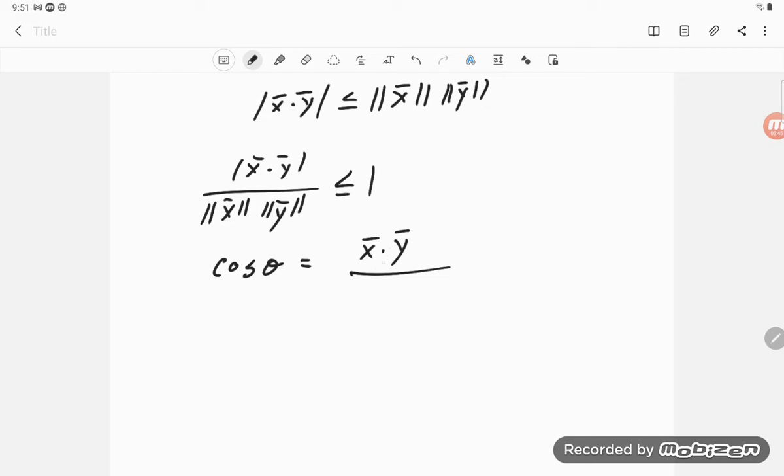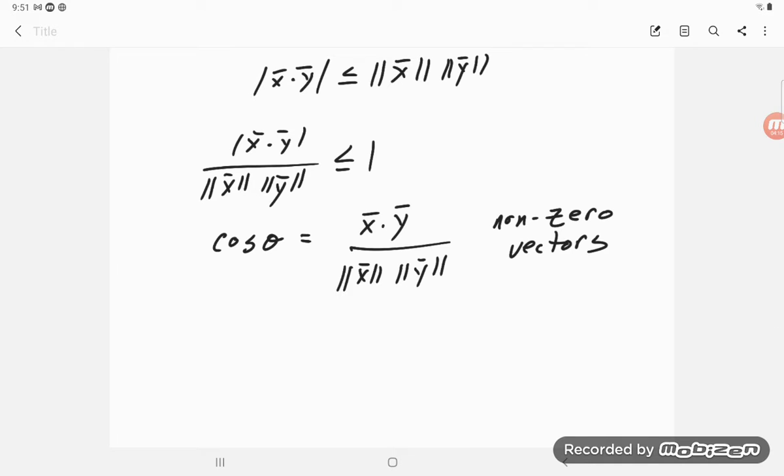Okay, as the dot product of the 2 divided by their respective magnitudes. And of course, this is for non-zero vectors, because I can't divide by 0. So that's how we find an angle between 2 vectors.